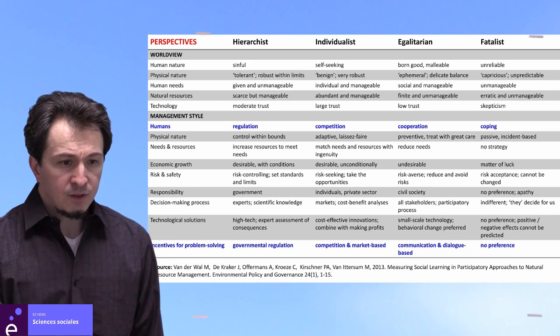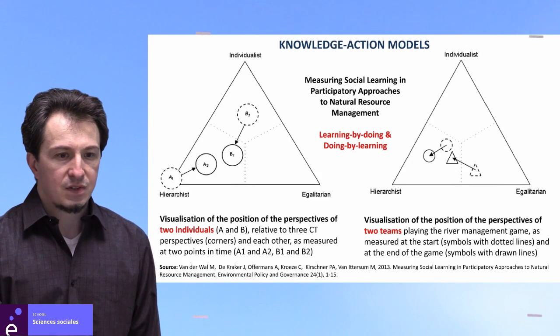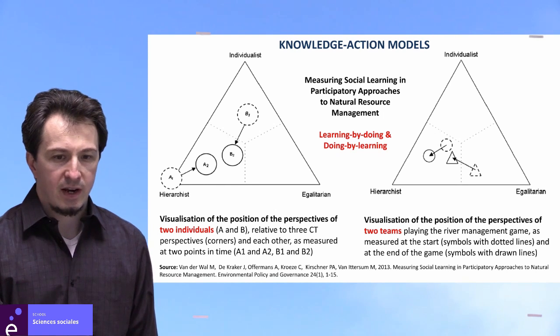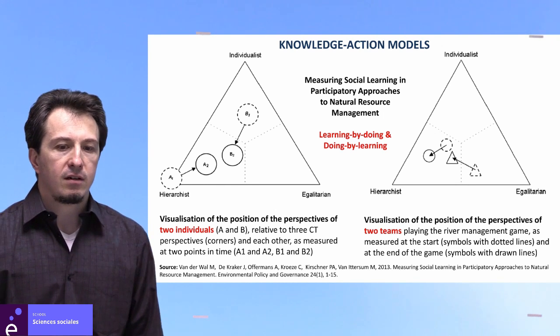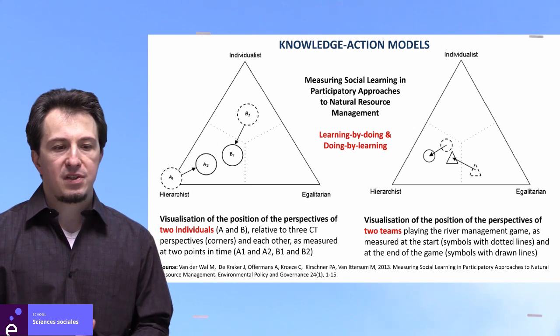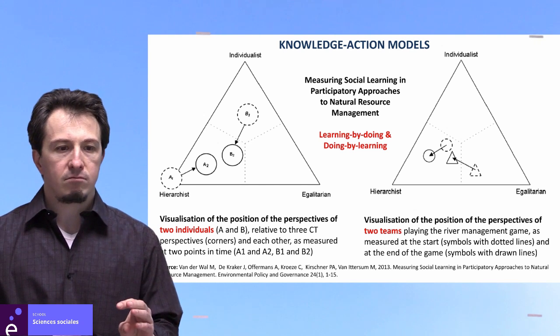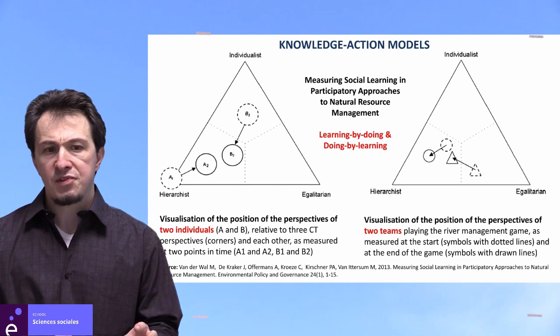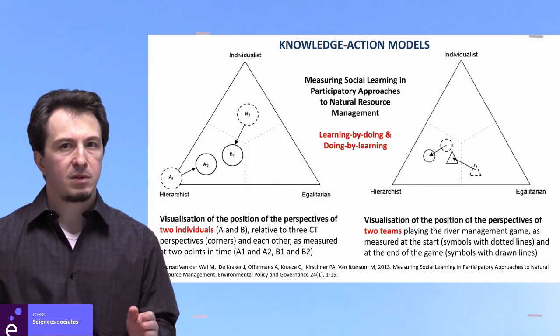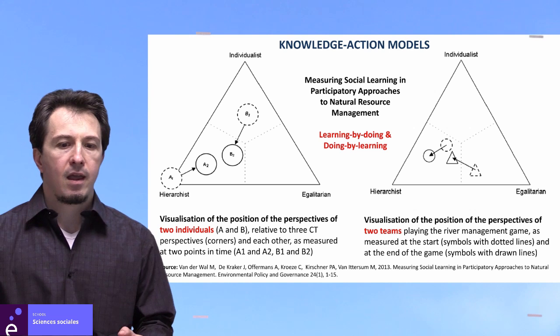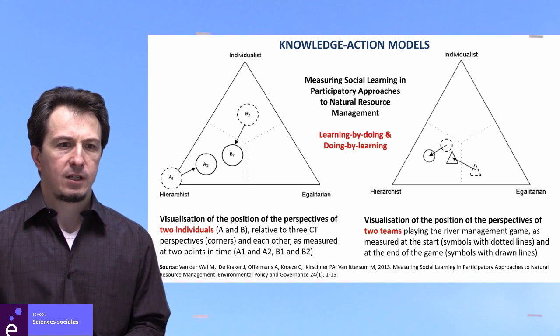Now, if you represent this on a triangle, like I said, you see, for example, in this slide, that one triangle is dedicated to the evolution of two individuals along a project, at the beginning and later in the project, and of two teams in the project.